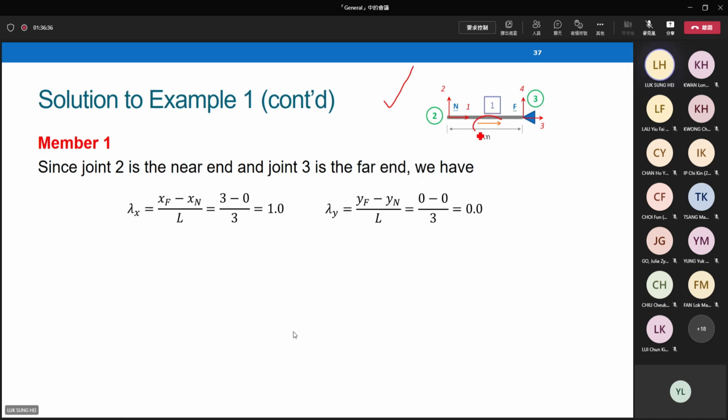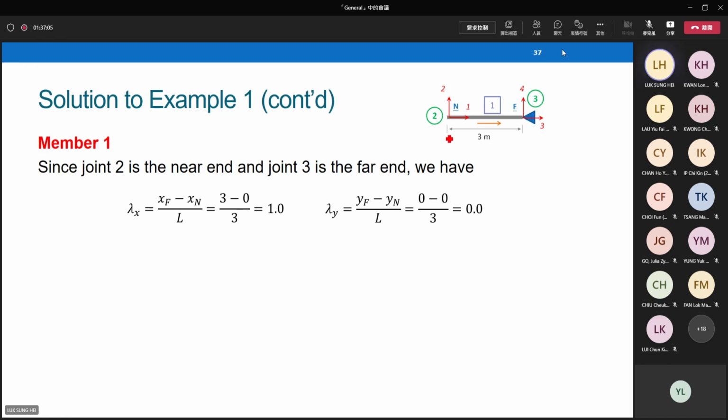This is the member orientation, pointing from left to right. The arrows point to node F. The starting point of the arrow is our node N. Okay, that's why we have N and F. They're very important, N and F. If you confuse the definition, then you always encounter some problem about the sign, positive, negative.